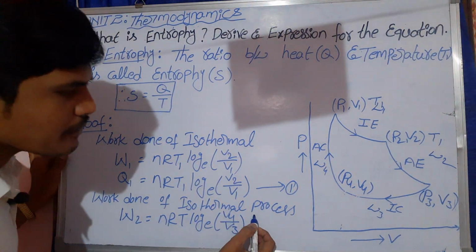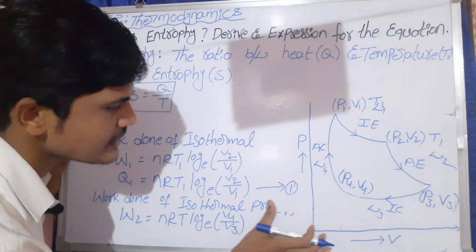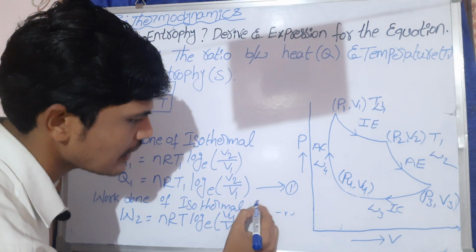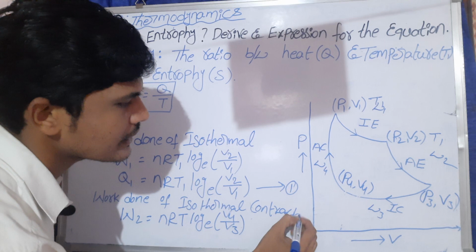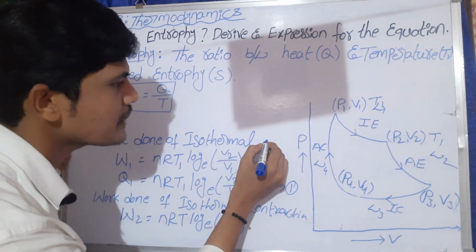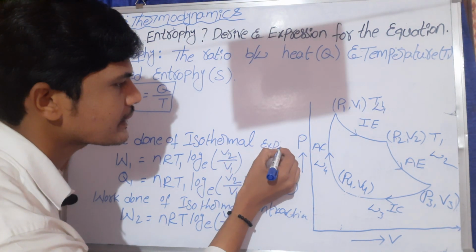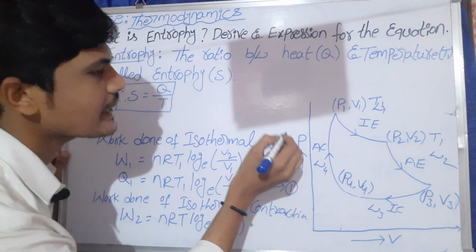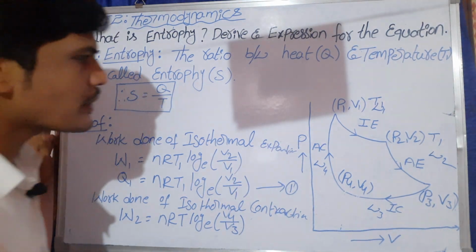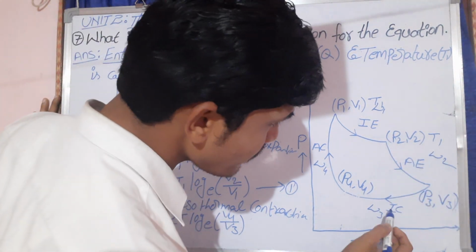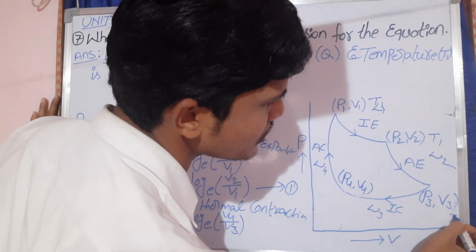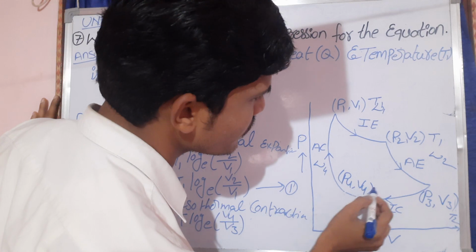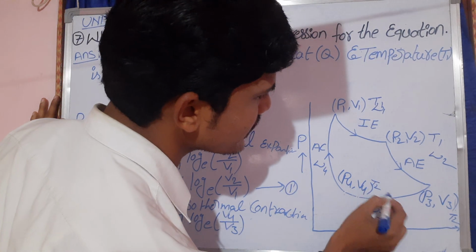This is isothermal compression or contraction. For isothermal contraction, the states are P3, V3, T2 and P4, V4, T2.